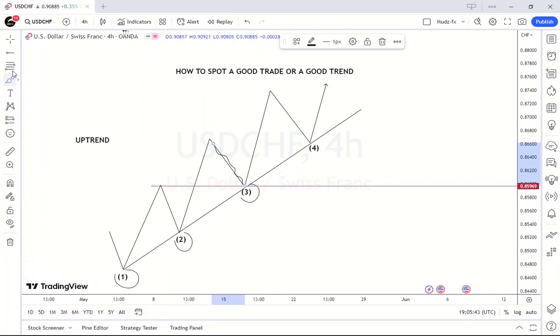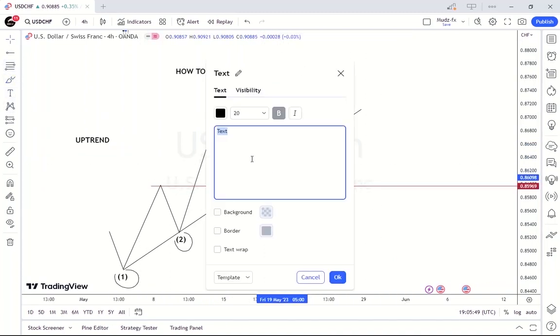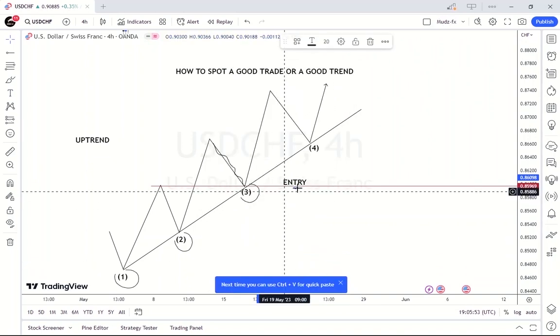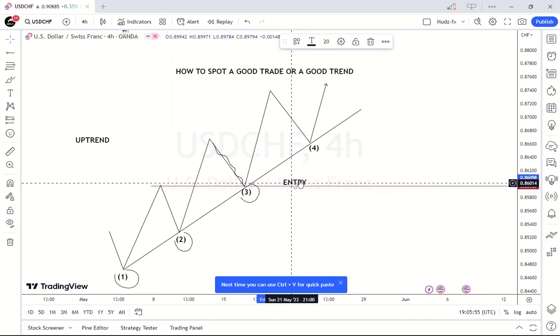So what you're gonna do is set your entry. Your entry is gonna be on number 3. This is where you enter on number 3.